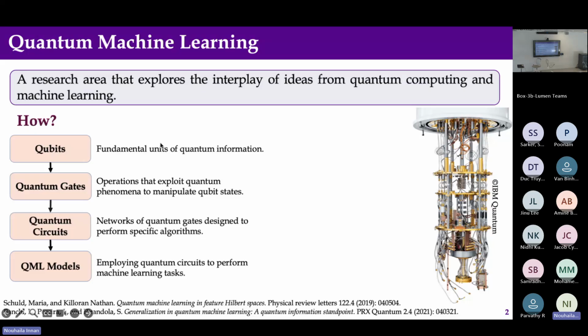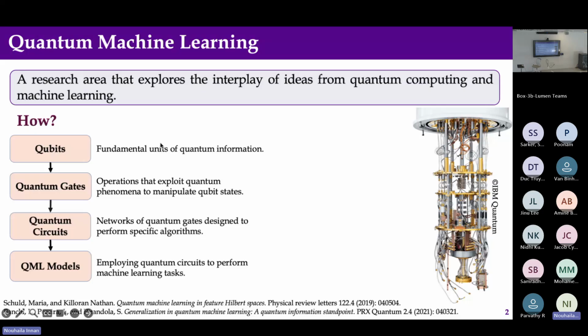And how does it work? We have the qubits, which are the fundamental units of quantum information, and to manipulate them, we use quantum gates. These are operations that can use superposition or entanglement. And then from these gates, we can integrate them and develop a quantum circuit.